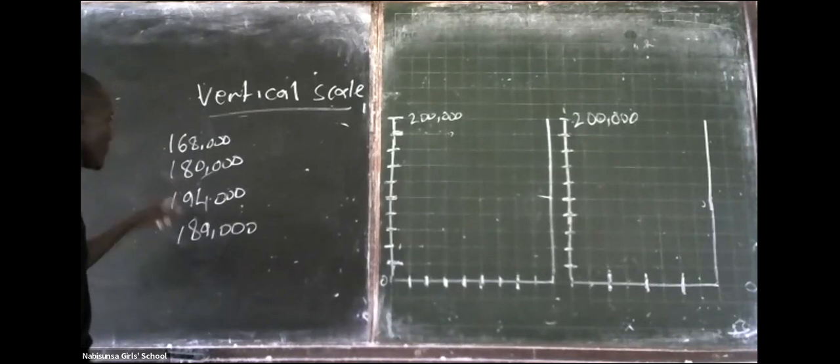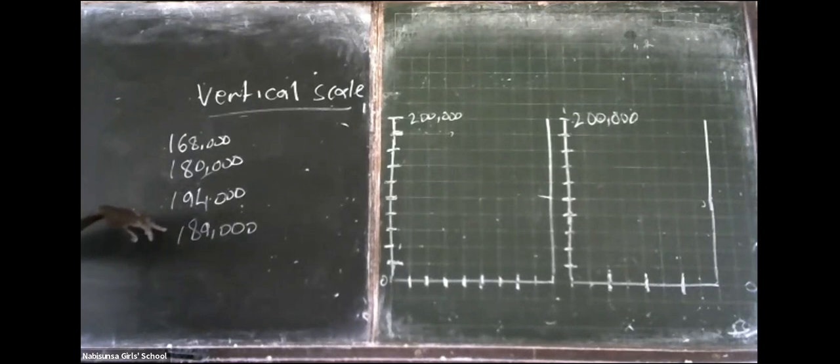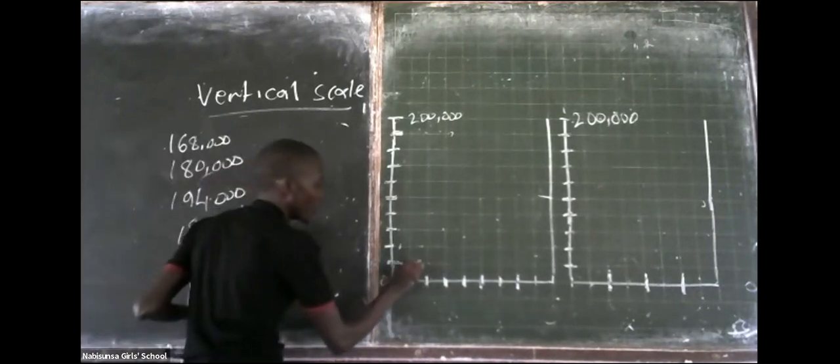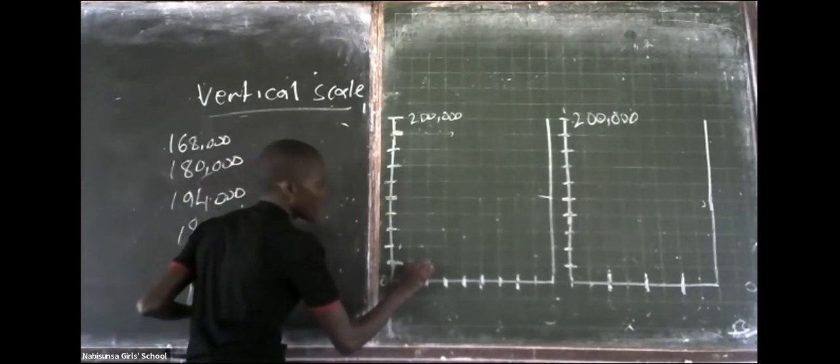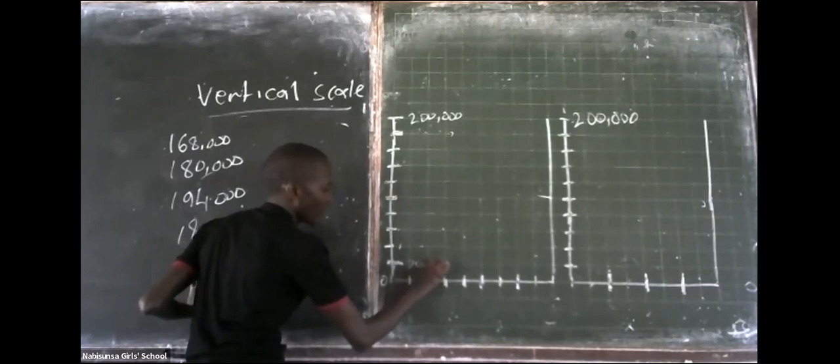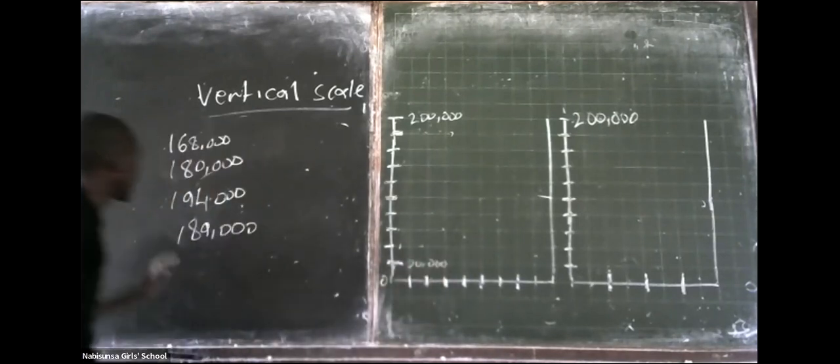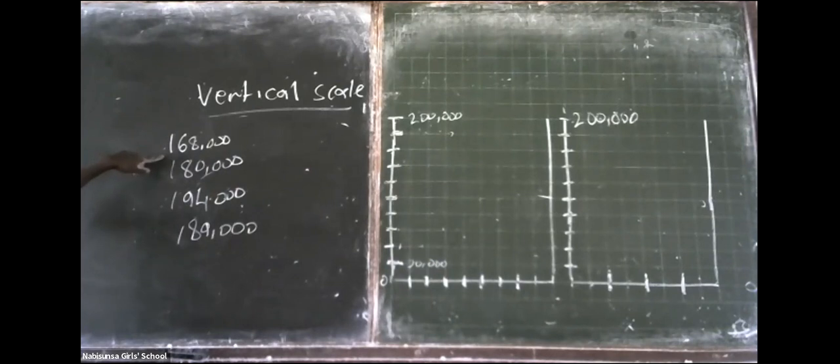So when we are plotting, automatically I will know if I told this one is 20, this one is 20,000. Now I'm going to plot 168. Where should we find it?